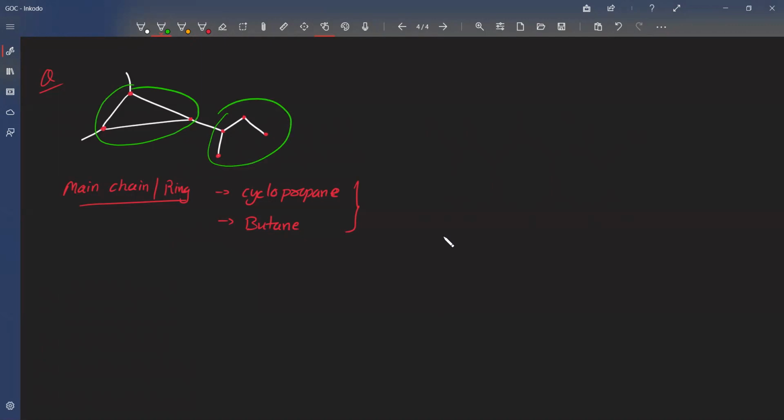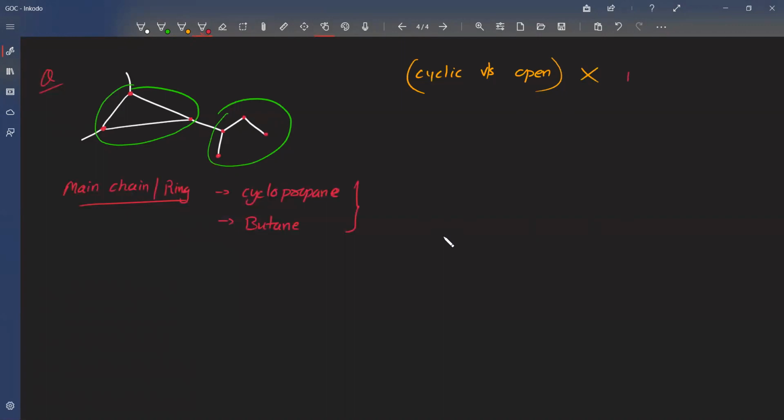Okay. So this is something which you should be clear about. It's never cyclic versus open chain. There is nothing like this, that a closed structure has to be given more preference over the open structure. It's not the case, right?